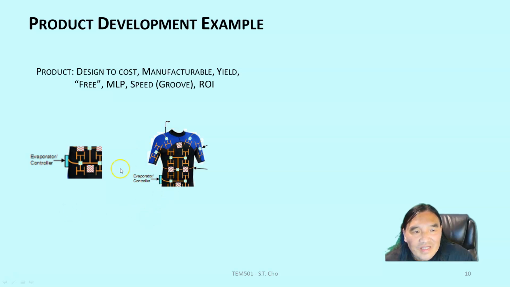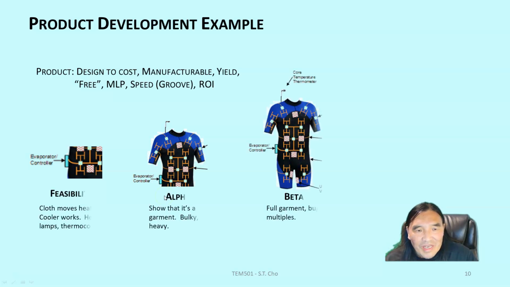The idea is making a neoprene suit. We have these evaporator controllers, which basically are mini air conditioners. And then using heat sink sources, we pull all the heat off of your body that's being produced.